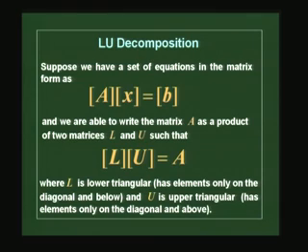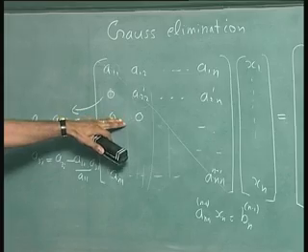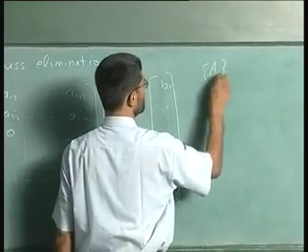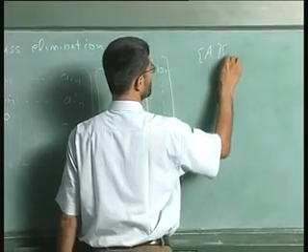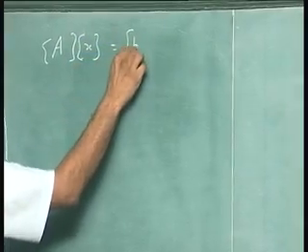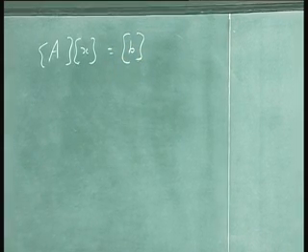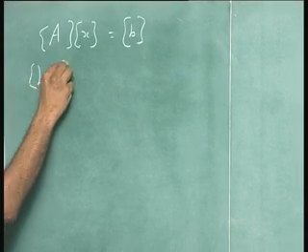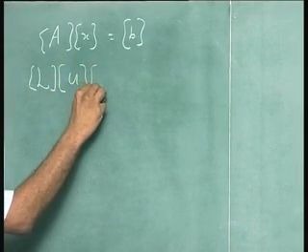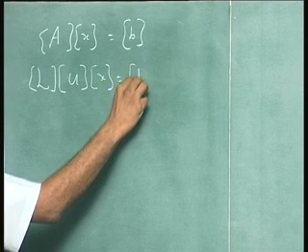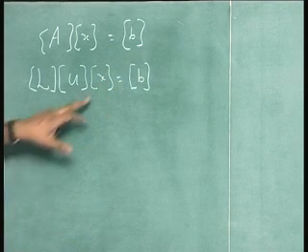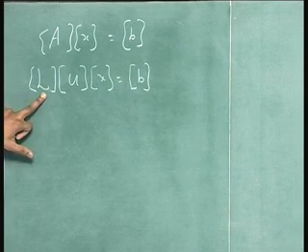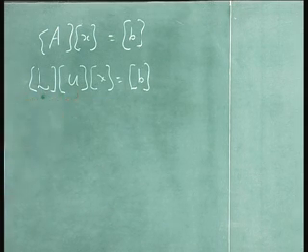In LU decomposition, for an equation such as Ax equals B, we have a matrix A and a column vector X, equal to a column vector B. The matrix A is written as a matrix L and a matrix U, times X equal to B. Here x1, x2, up to xn is our column vector, and B is B1, B2 and so on. L is a lower diagonal matrix and U is an upper diagonal matrix.